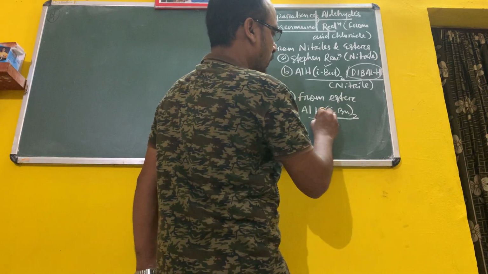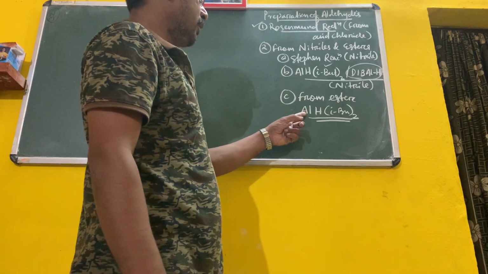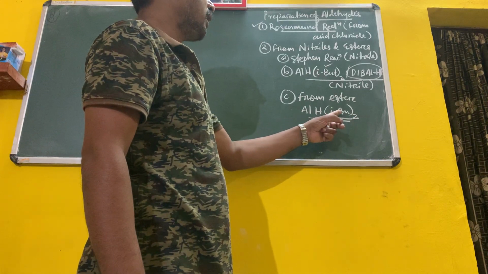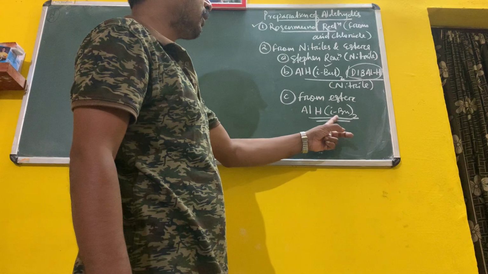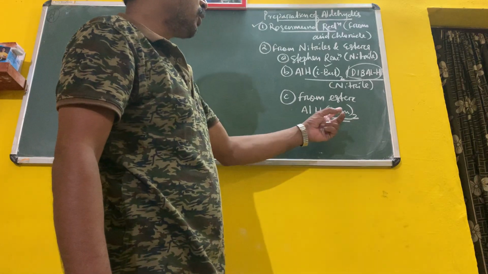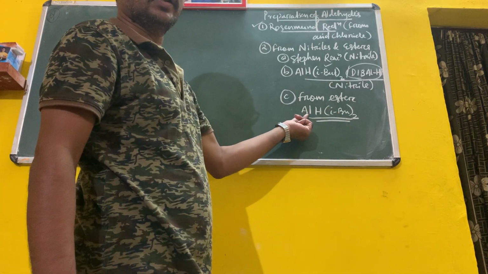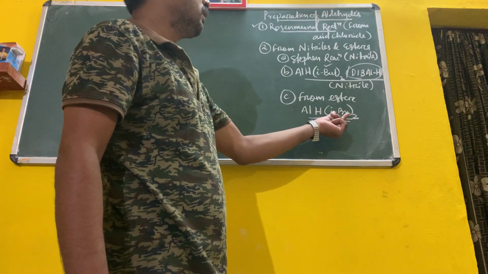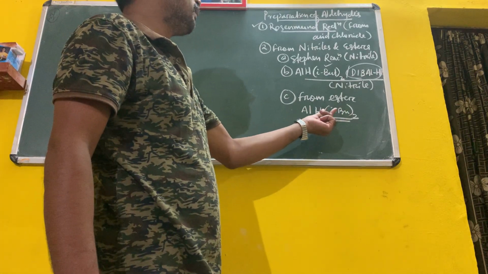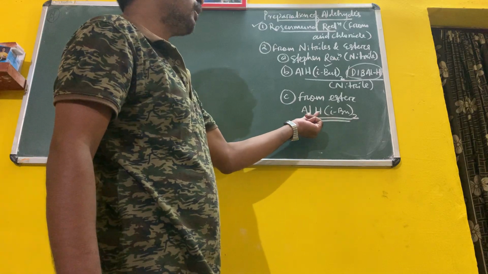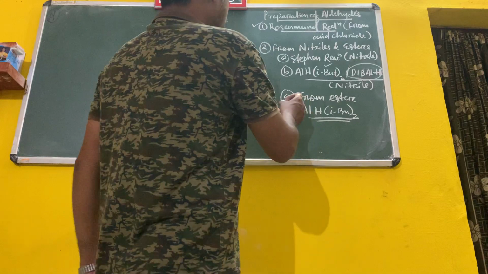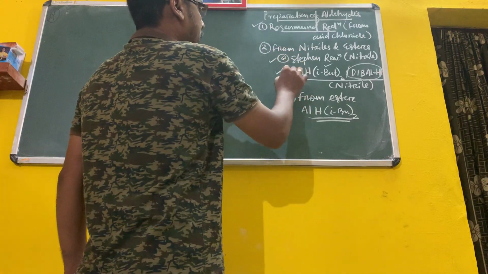You see children, aluminium is 3 plus, H is 1 minus, and each isobutyl is 1 minus, so total 3 minus, aluminium having the valency 3 plus. Aluminium is a metal. With a metal, hydrogen is negative; with a non-metal, hydrogen is positive. So these are the 3 steps.